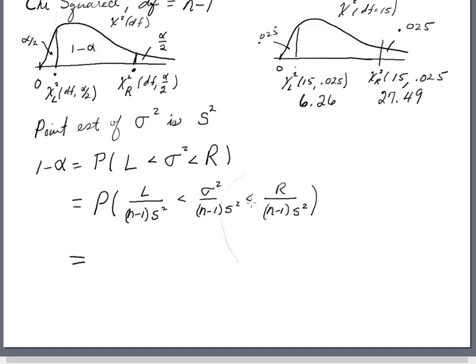And another thing that we remember from algebra is if we take reciprocals, we have to reverse the inequality signs. And so this will become n minus 1 s squared over L would be greater than this middle term. And as I do this, I'm going to put this term over on the left, because if I reverse the inequality, this will be the smallest of the three.